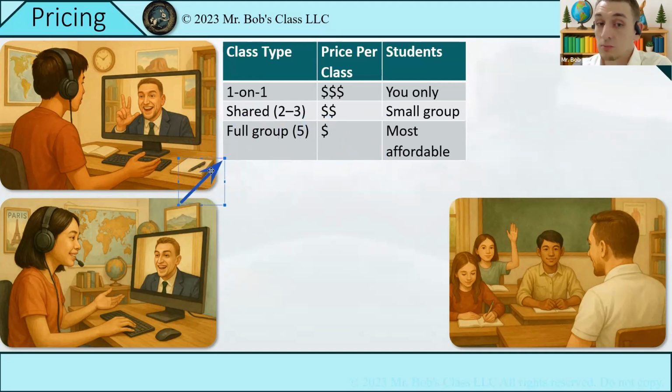And if you share a group of 5, then the price will be even more affordable to everybody. That is only and always if you want to. I will never force you into a group with many students unless you specifically want it and ask for it. I always care about you, and I want to give you the best class experience that I possibly can.